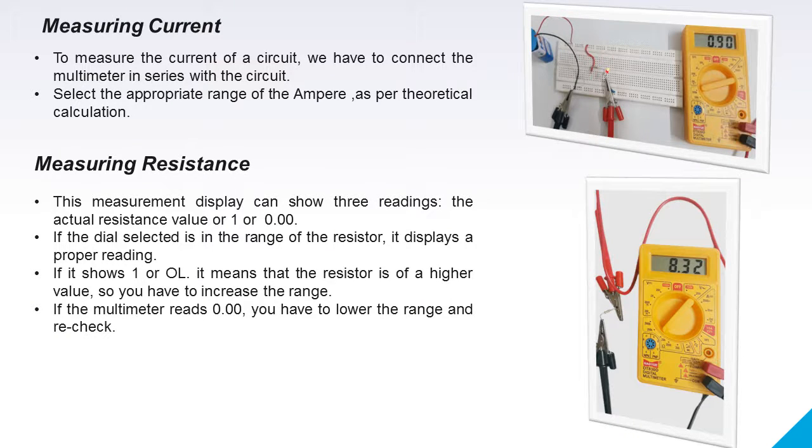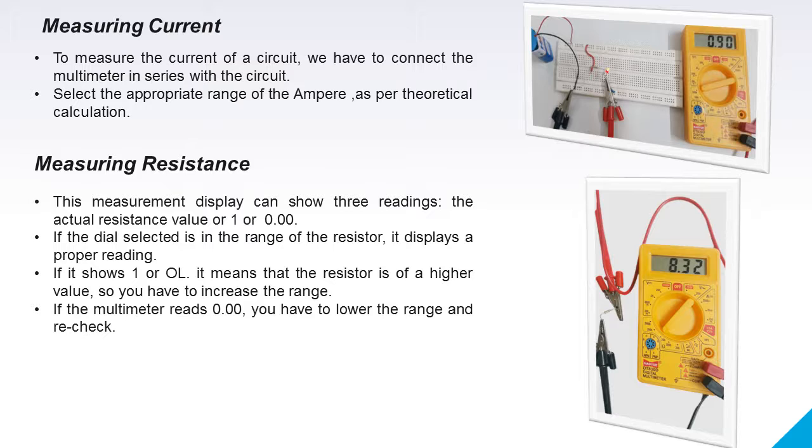Next functionality of the multimeter is measuring current. To measure the current of a circuit, we have to connect the multimeter in series with the circuit. Select the appropriate range of ampere as per theoretical calculation. Here it's shown in the figure that we are going to see the current flowing through the circuit, and that circuit consists of a series circuit of battery, resistor and LED.